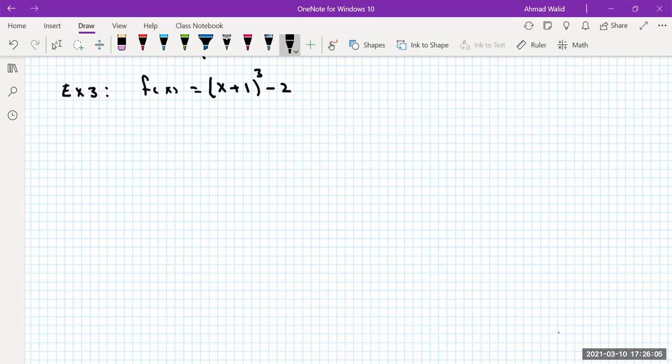Correct? Immediately as I see cube, I will know my parent function is f of x equals x cubed. First, I will graph this.